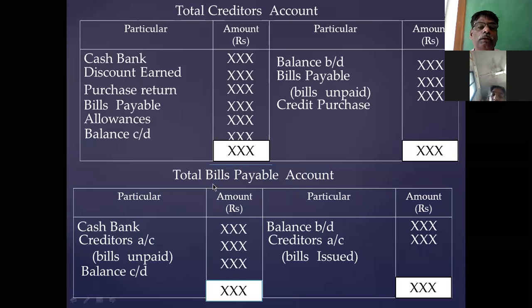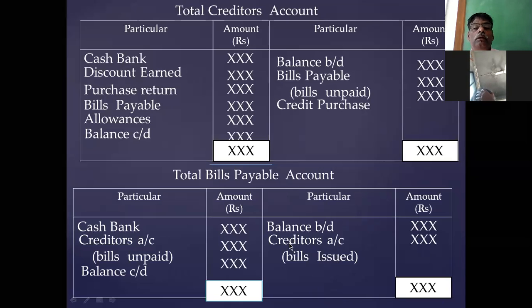You take the total of the bills payable account. It should tally. If there is a difference, the difference represents by creditor account. By creditor means bills payable issued. From this by creditor, you go to the creditor's account as by bills payable.